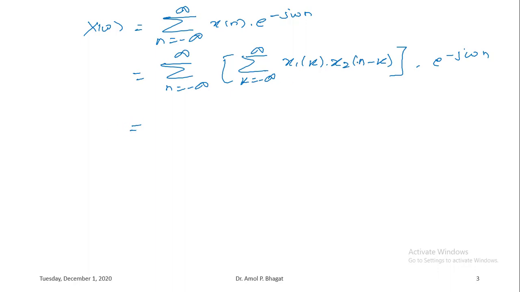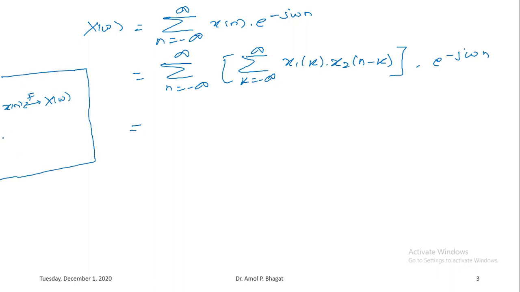So this x2 of n minus k into e to the power minus j omega n, okay, is as per the time shifting property that we had discussed already, right? So as per the time shifting property, if x of n has the Fourier transform X of omega, right?